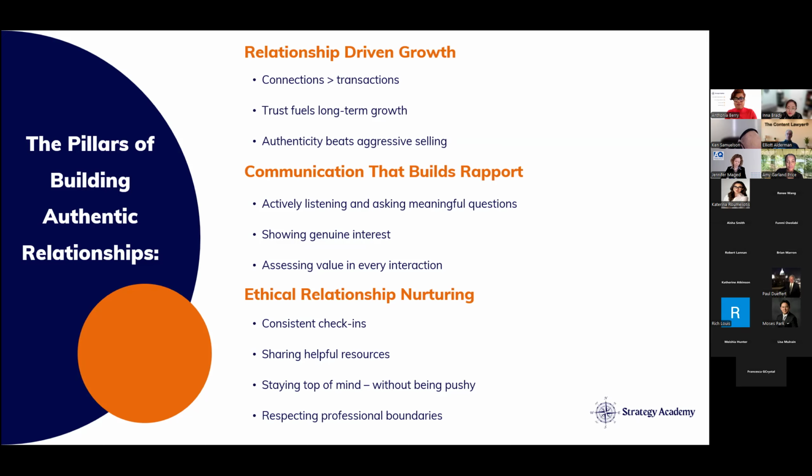So again, that relationship-driven growth of referring clients to other attorneys if they don't fit within your practice, and then having that ecosystem where client work comes back to you from these referrals or sources that you're sending clients to. And then being authentic instead of aggressively selling, right?